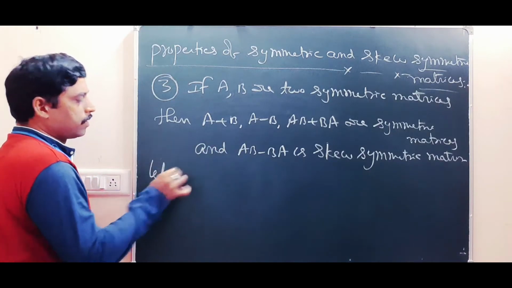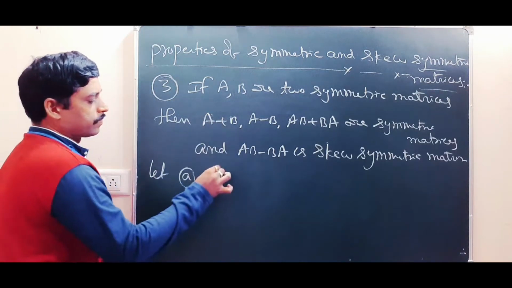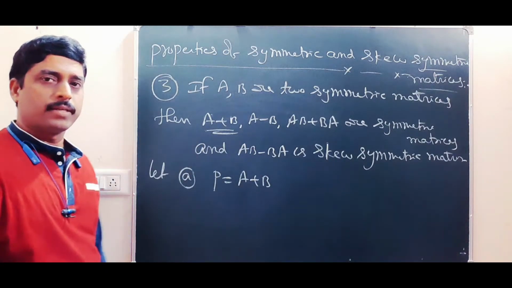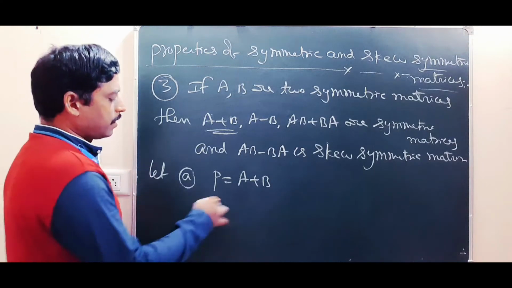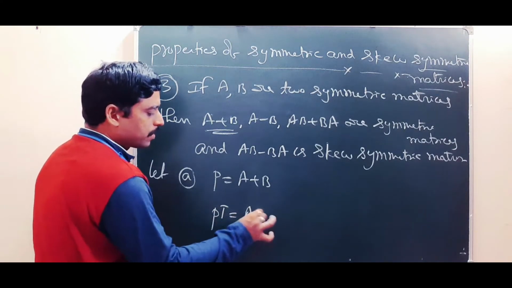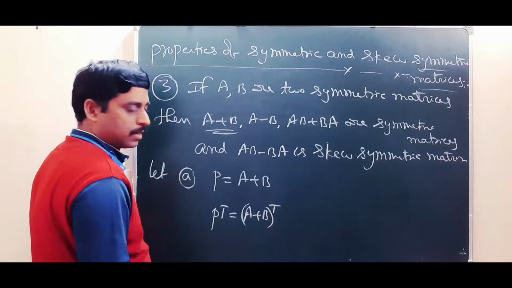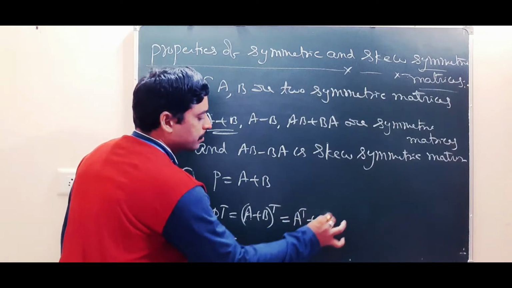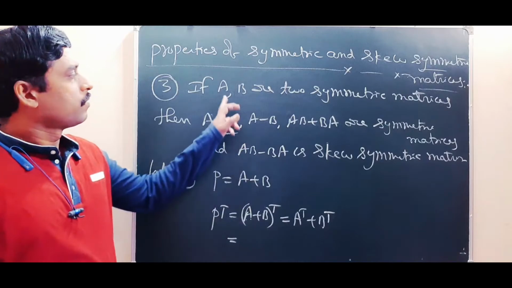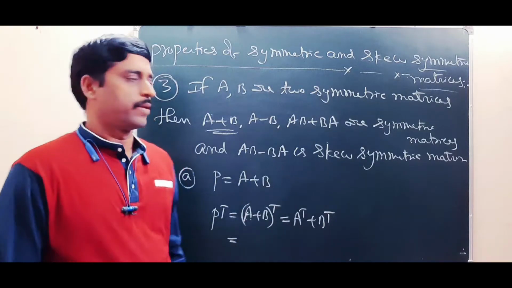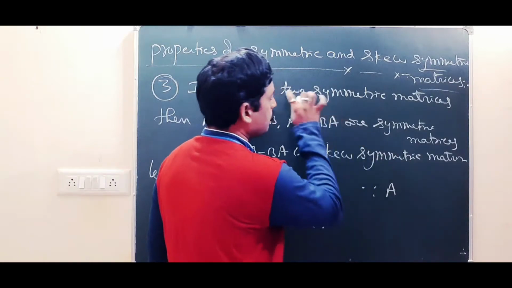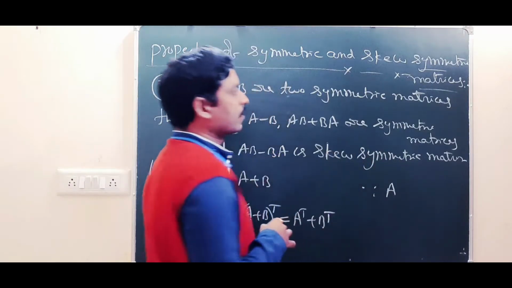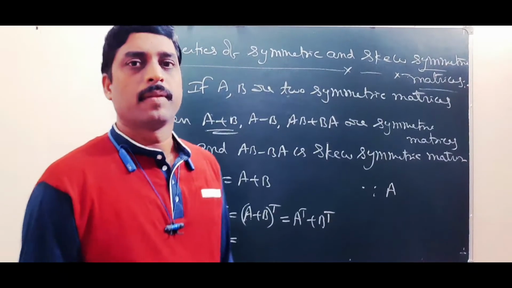Okay, now explain this point. Let us take A plus B is equal to P. Taking transpose on both sides, P transpose equal to (A plus B) whole transpose. We have the formula A transpose plus B transpose. What is given?